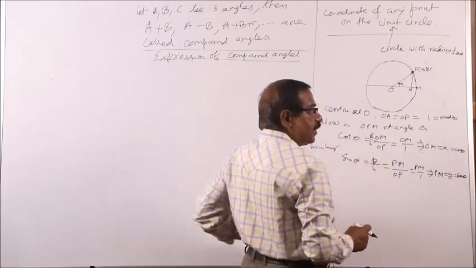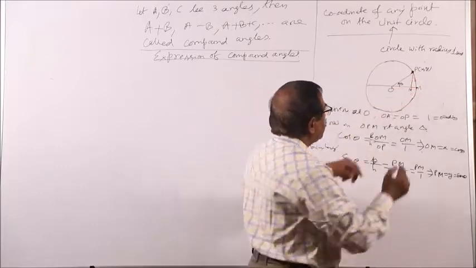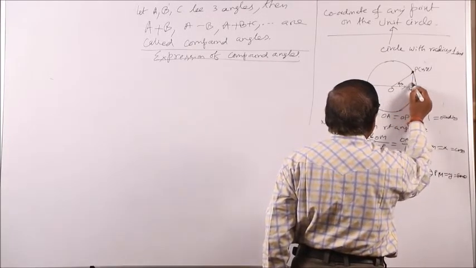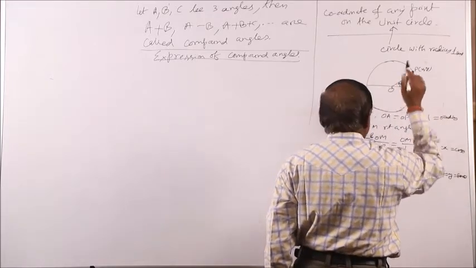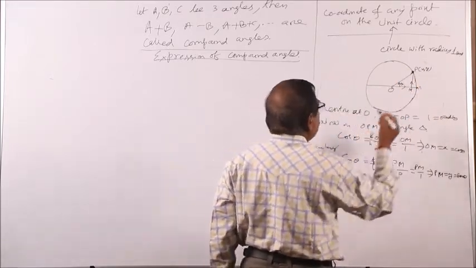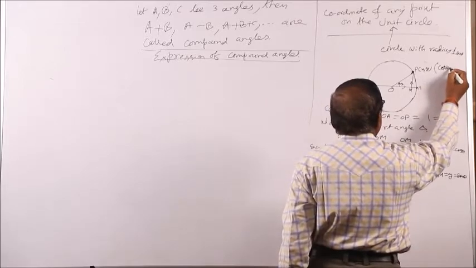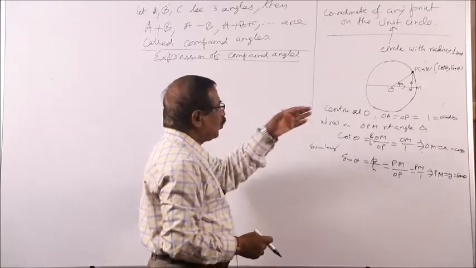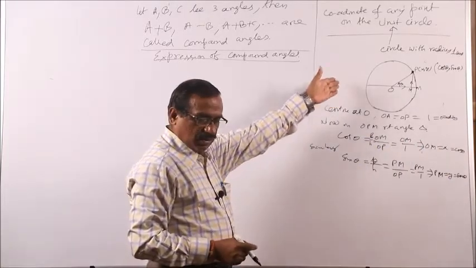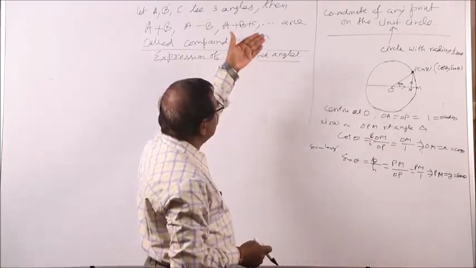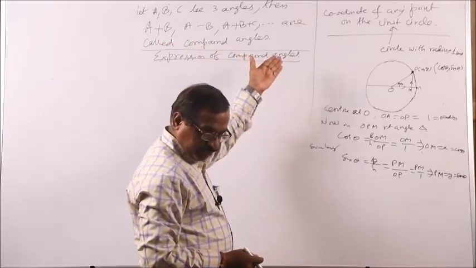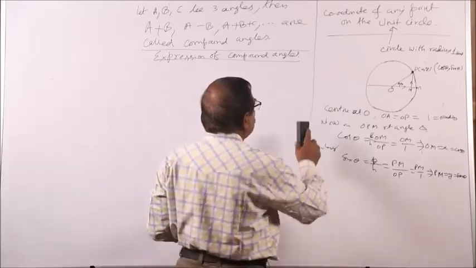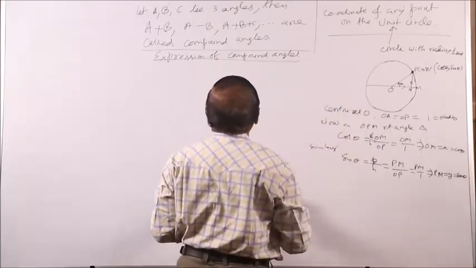You have to reach this point P by moving along OM and then along MP. So ultimately the coordinates of this point P will be cos theta, sin theta. Now we will take the help of this unit circle to derive these compound angles, but it may or may not be in the syllabus, I do not know, but we have to know these things.